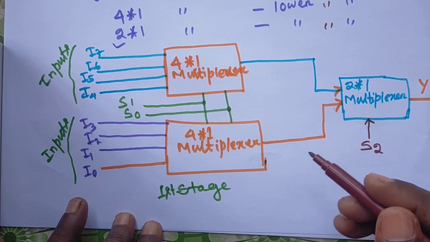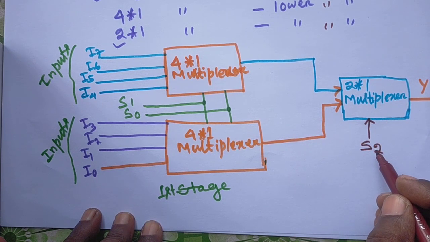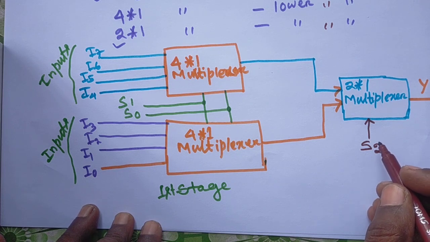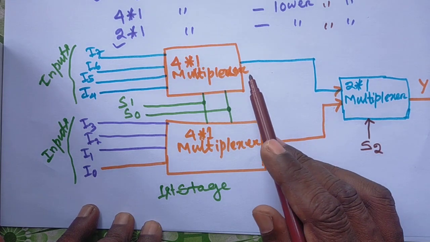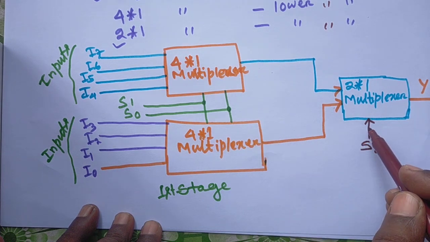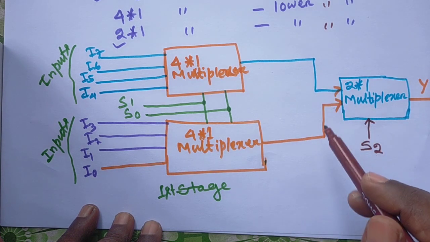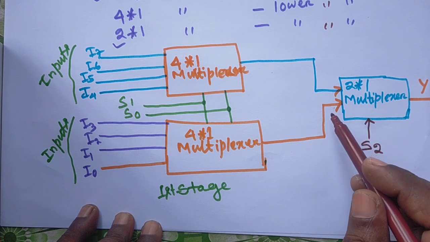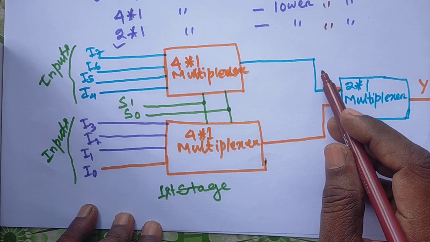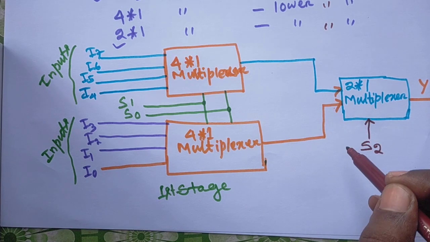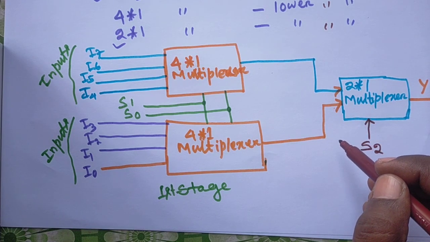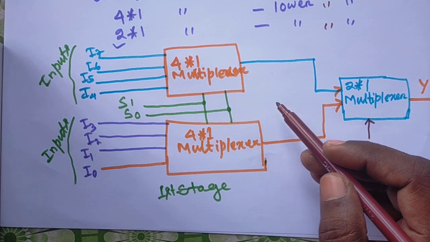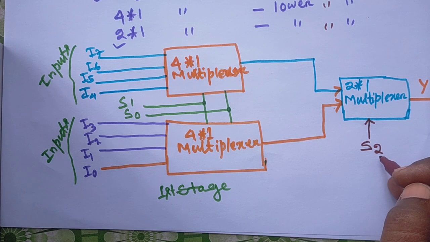But we design it in such a way that whenever we provide the S2 value 0 or 1, based on that it will choose this one or this one. If it is 0, suppose it chooses this one, the other will be inactive. If it chooses 1, then the other will be inactive. Okay, depending on that, which register and which multiplexer is defined is decided by these selectors.